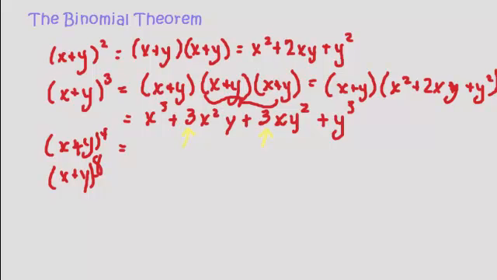Let me change back to my red pen. I'm going to look at (x + y) to the 4th, and I'm going to go ahead and tell you what it is. Let's look at the patterns of our exponents first. Every time I'm going to have x to the 4th plus some number there, and I don't really know what it is, so I'm going to leave a space.